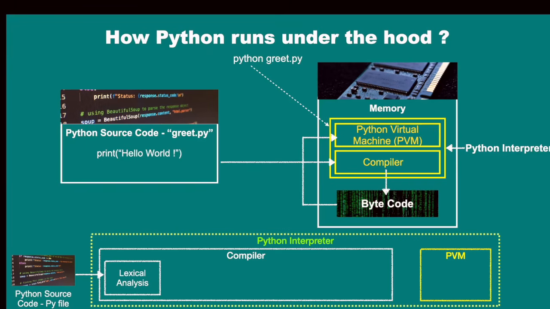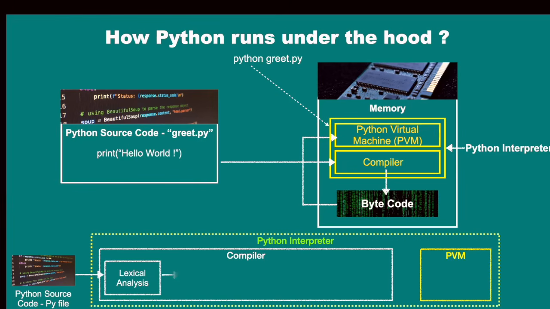In this lexical analysis, a lexer or tokenizer scans the source code and converts it into a list of tokens. Say you have a line in source code like x equal to 10, then it would be tokenized like x, equal to, 10 in a list. We'll understand this later in advanced concepts.